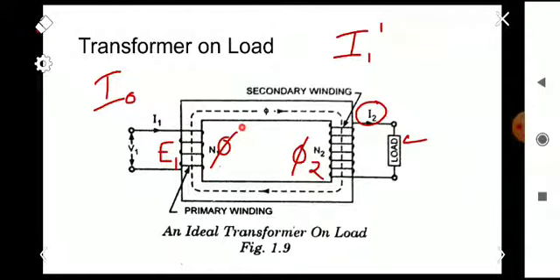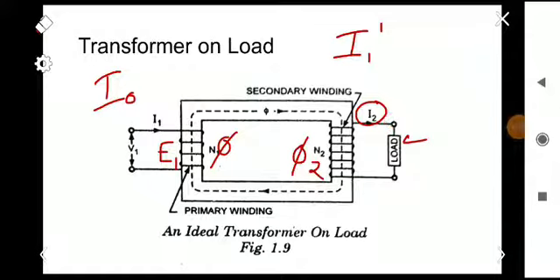When this flux phi reduces, the induced EMF E1 reduces. So the difference between V1 and E1 increases, and more current will be drawn from the supply. That excess current we are treating as I1 dash. So the main cause of I1 dash is the current I2.